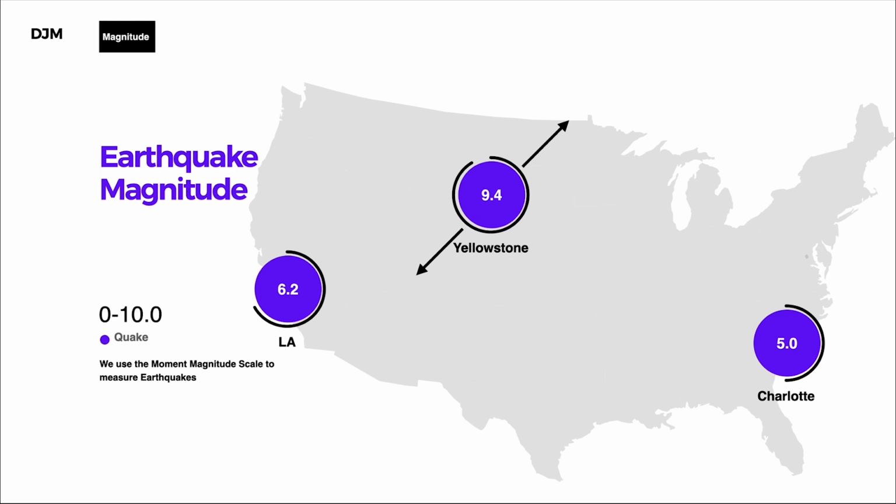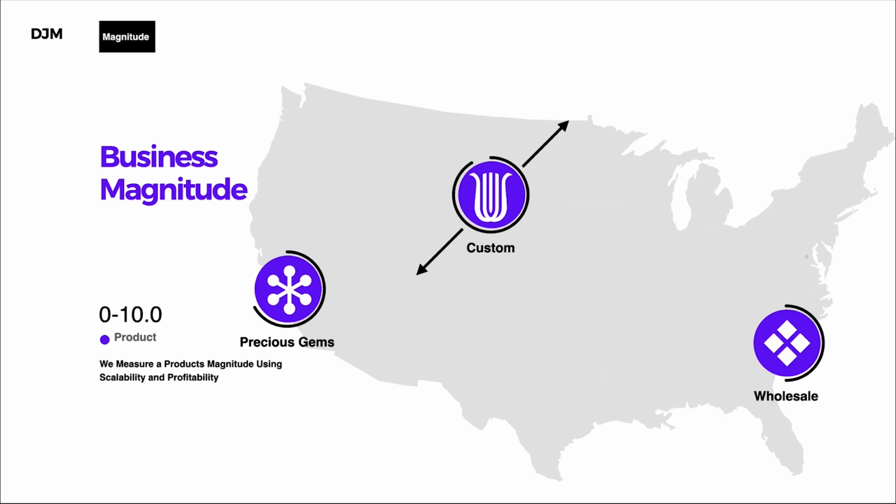And so when we talk about magnitude marketing, what we're talking about is business magnitude. So in the same way that different earthquakes can have different sizes and extents, different parts of your business will have different size and extents, or potential for size and extent. So we measure a product's magnitude using scalability and profitability.